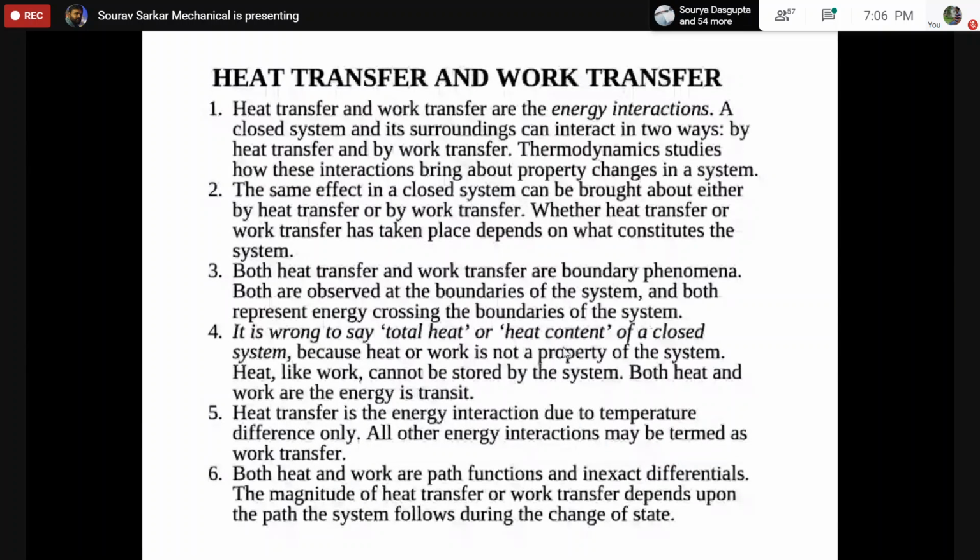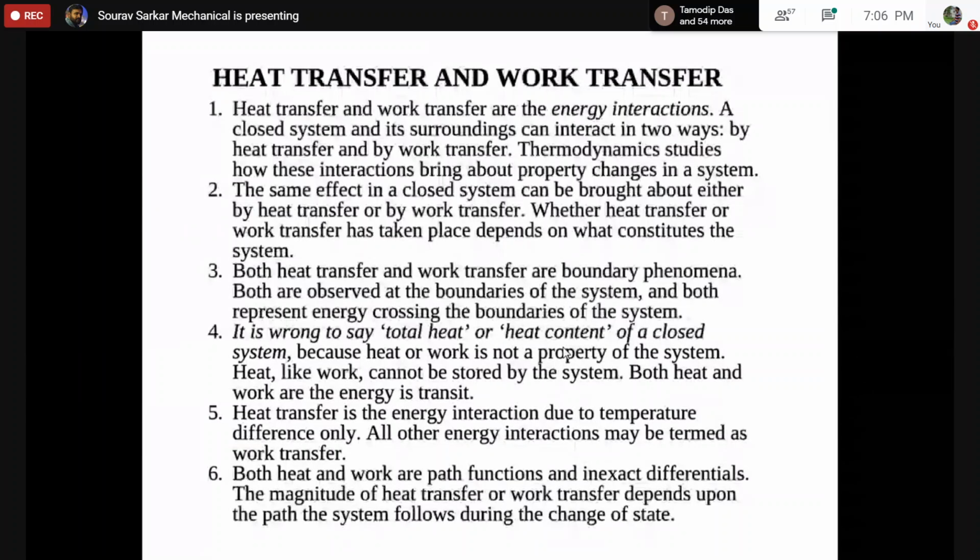A closed system and its surrounding can interact in two ways, by heat transfer or by work transfer. Thermodynamics studies how this interaction brings about the property changes in a system. So I told you that if I have a closed system, this closed system only interacts with the surrounding by heat transfer or work transfer.